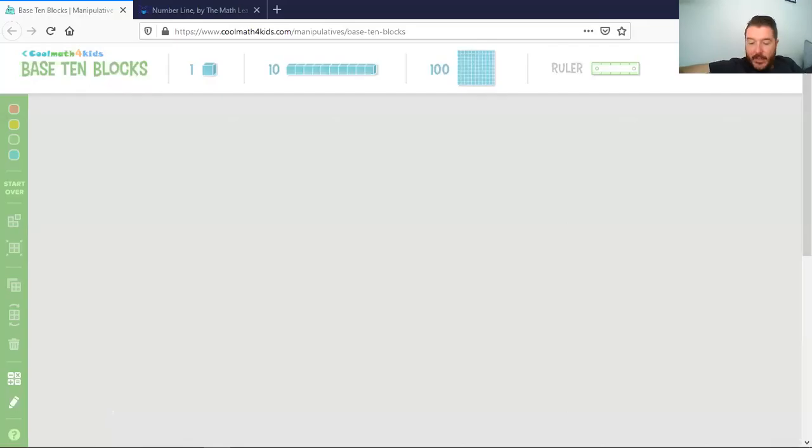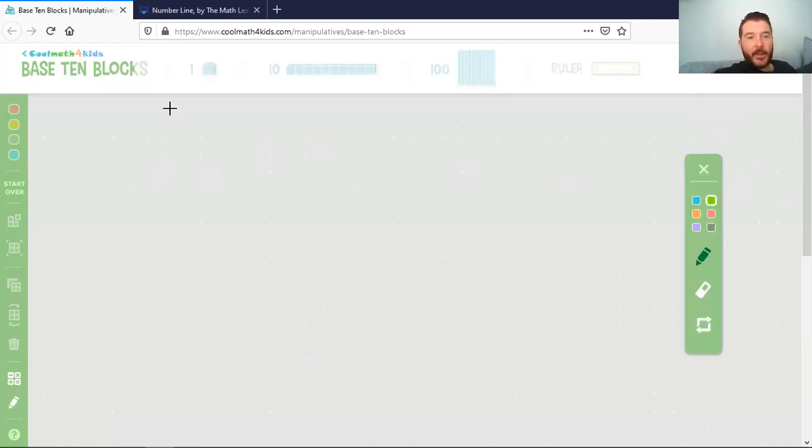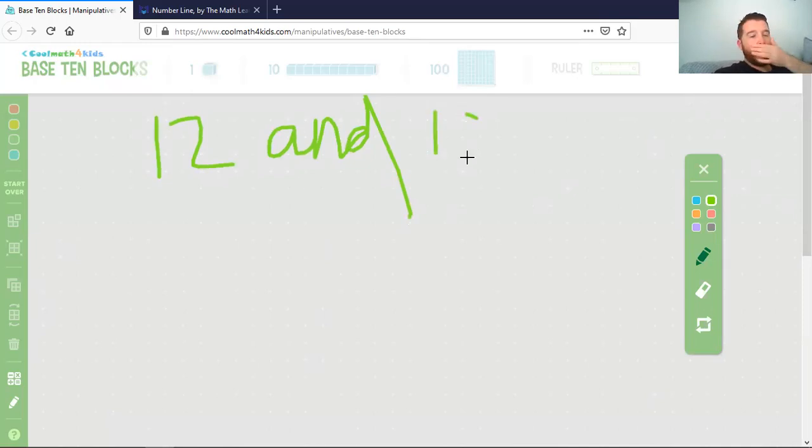So say we had a question that asked us to find the difference between, for example, 12 and 17. Okay? So to find the difference between 12 and 17, I need to compare both of those numbers. So I'm going to make both of them to compare them because that's how we do it.